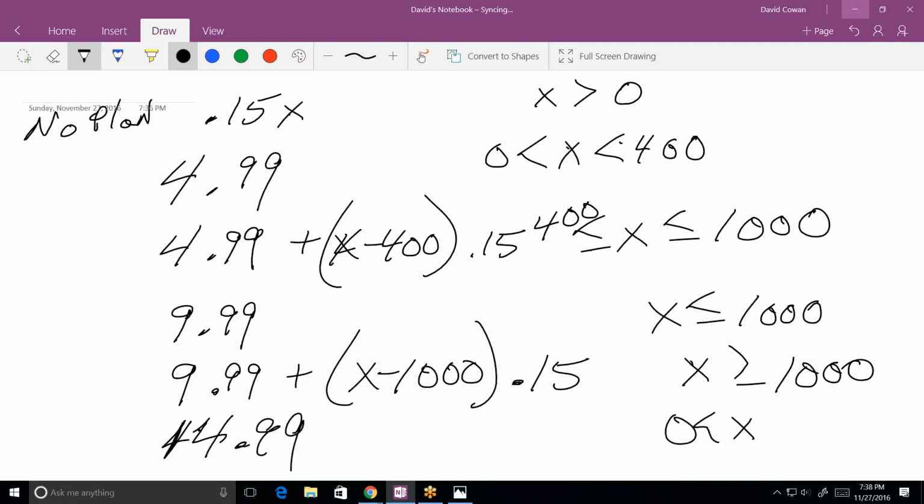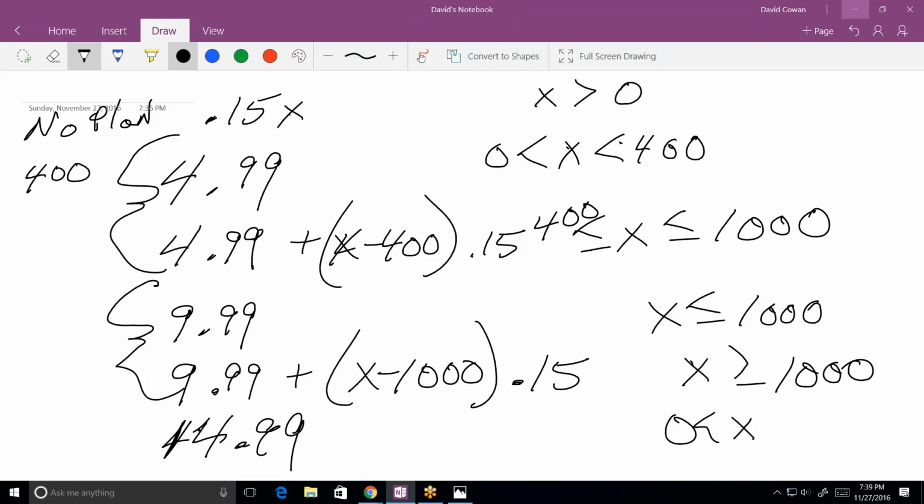This is with the 400-minute plan, but it is actually a piecewise function. In other words, if x is between 0 and 400, you pay $4.99. If x is between 400 and 1,000, you pay $4.99 plus x minus 400 times 0.15. So that's the way this is going to work.